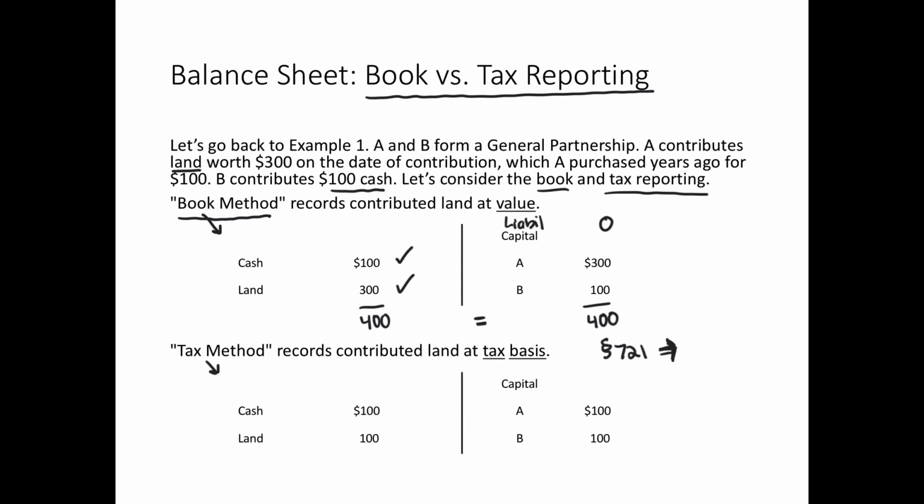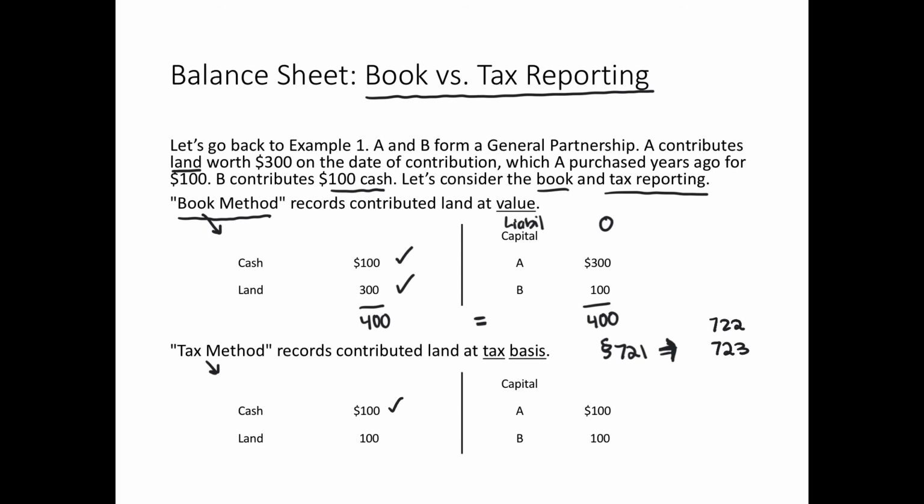Now, remember we also learned in Section 722 and 723 that the partners in partnership basically carry over the basis. For the partner, it's their outside basis in the partnership interest, and for the partnership, it's the inside basis in the asset. So of course, cash is going to be 100 because the face value of cash and the basis always are the same.